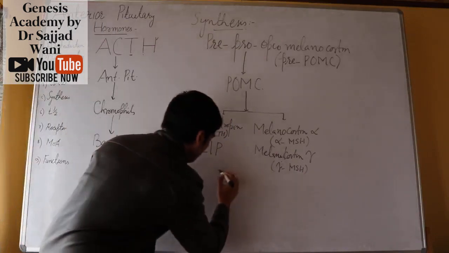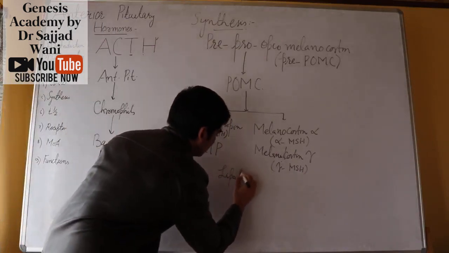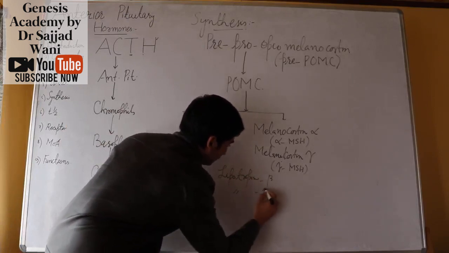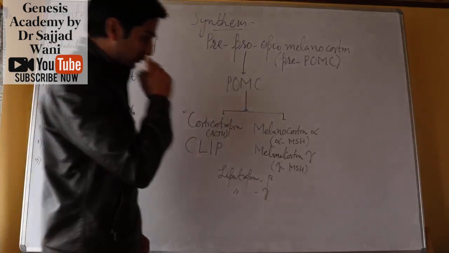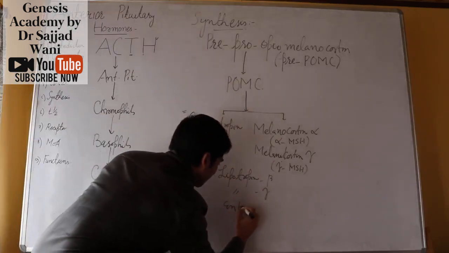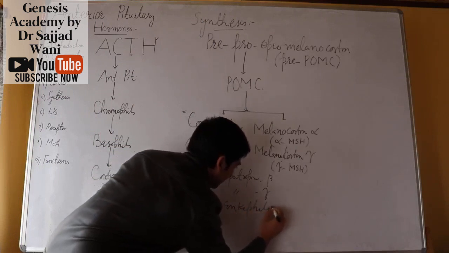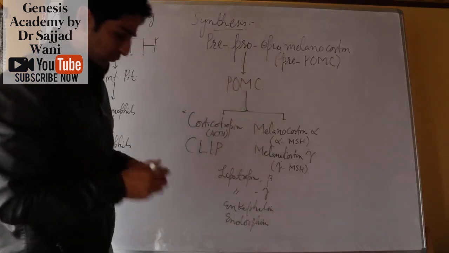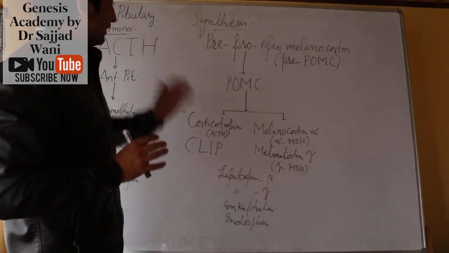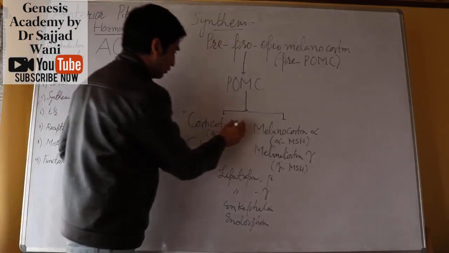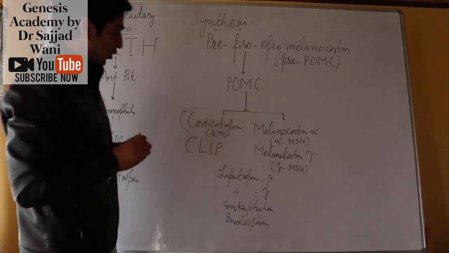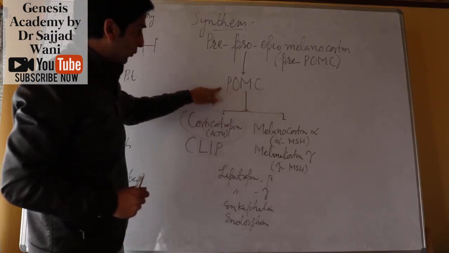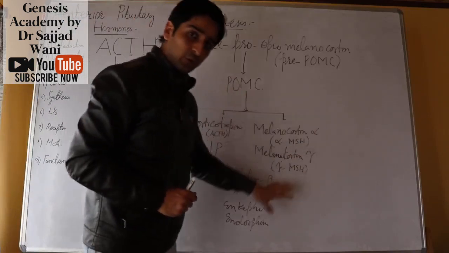You will remember, it also forms the lipotropins: lipotropin beta, lipotropin gamma. It also forms some molecules which are known as enkephalins and some endorphins. We will not go into the detail of these molecules, but I wanted to tell only one thing, that the corticotropin or ACTH, adrenocorticotropic hormone, is produced from a precursor molecule known as pro-opiomelanocortin, and this pro-opiomelanocortin also forms a number of other molecules.